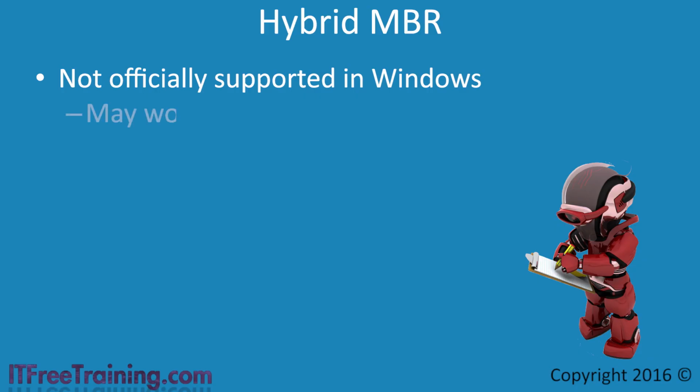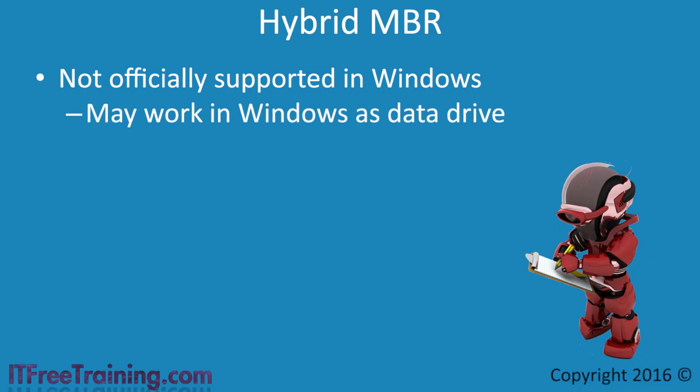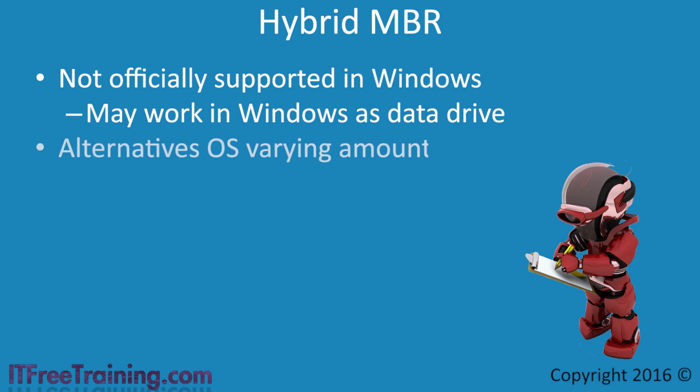It may be possible, for example, to format the drive in Linux and use it in Windows as a data drive. To use the drive for booting is difficult, but not impossible to implement. Other operating systems may support this format, but you would need to perform your own checks to see if it does and how well it is supported.